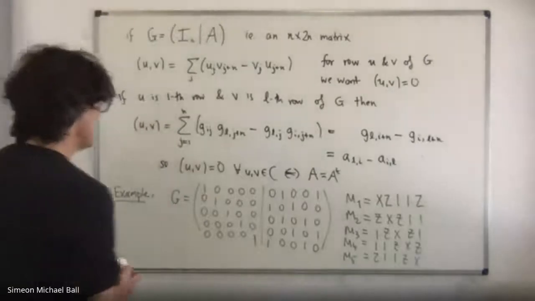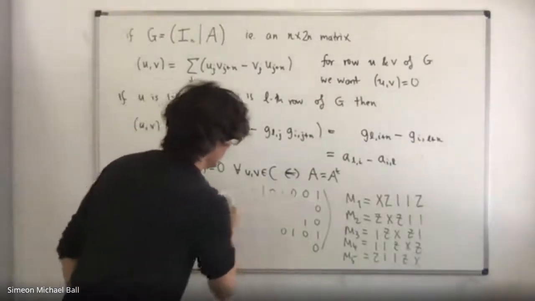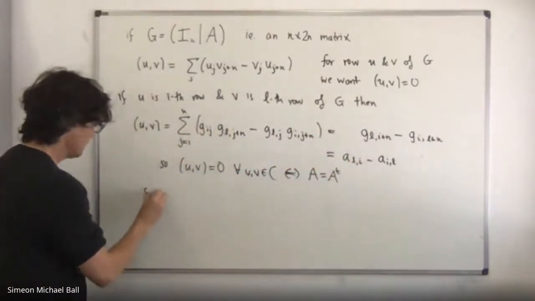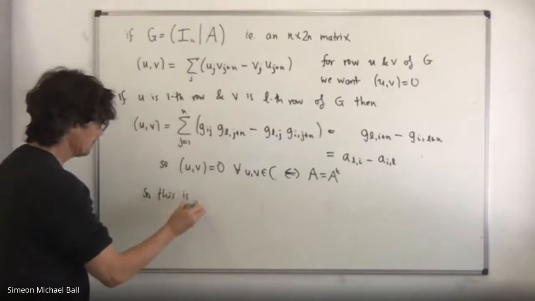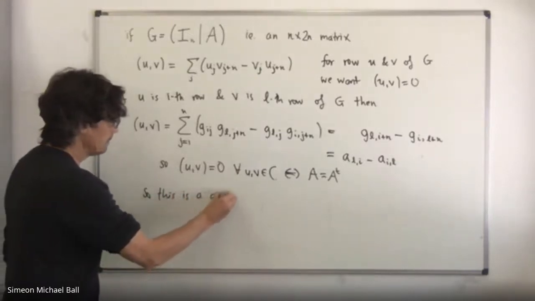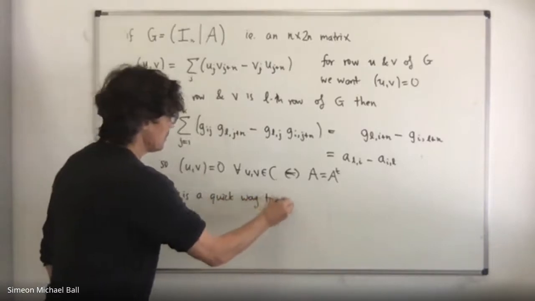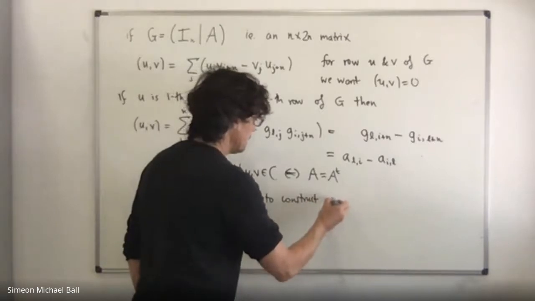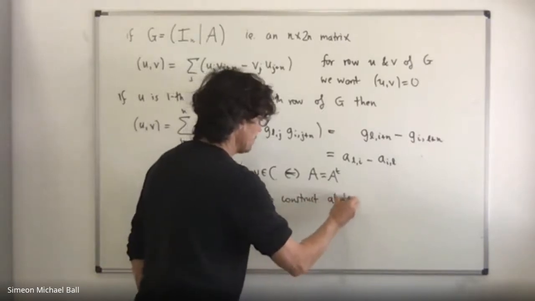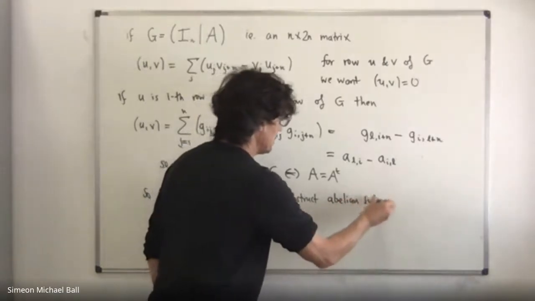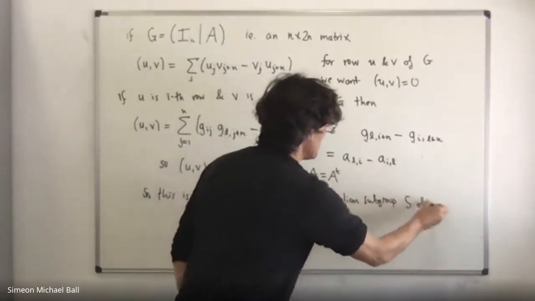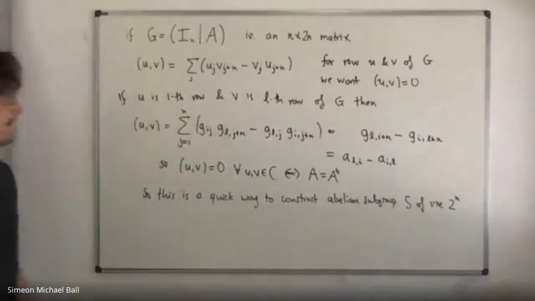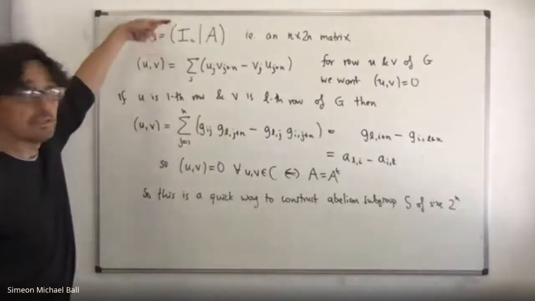So this gives us a very quick way to construct abelian subgroups S of size 2 to the n, because we have n generators.